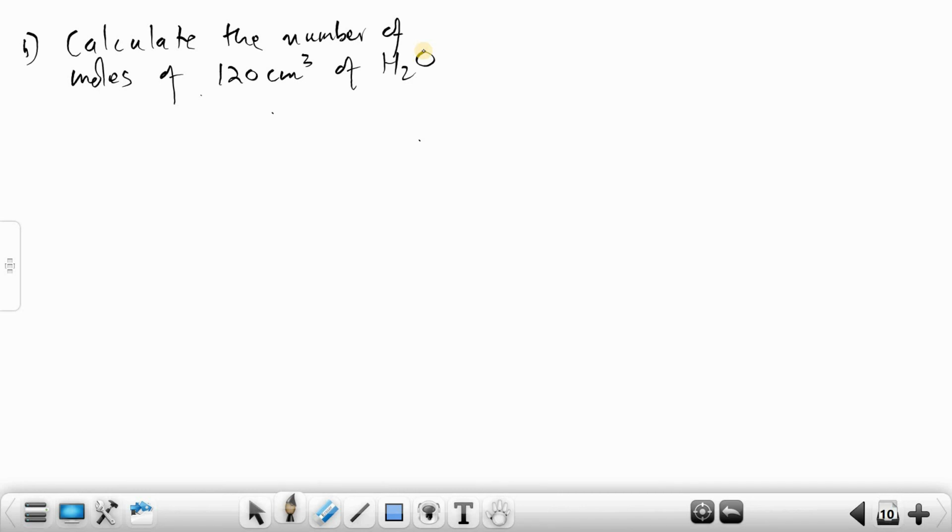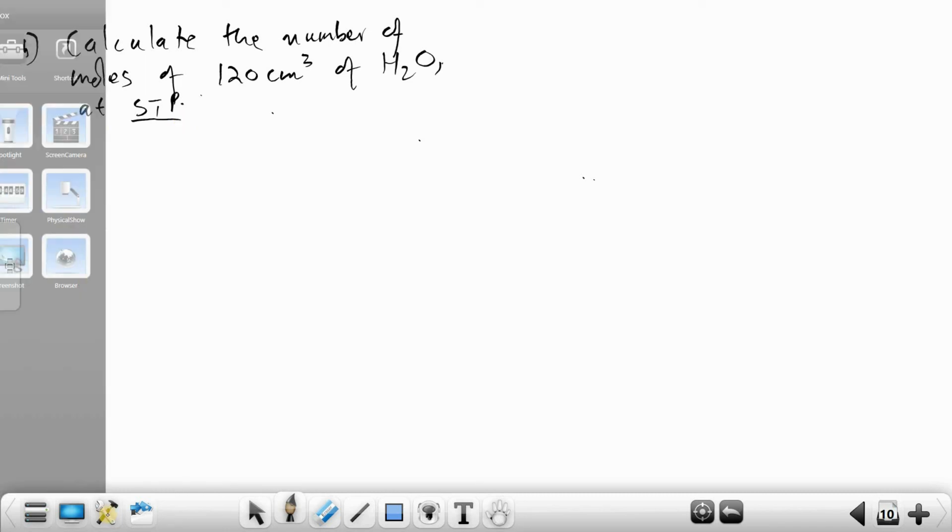And now the examiner says at STP. What is this STP? It's basically just standard temperature and pressure, but we usually refer to it as STP.